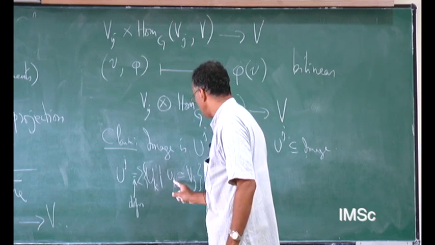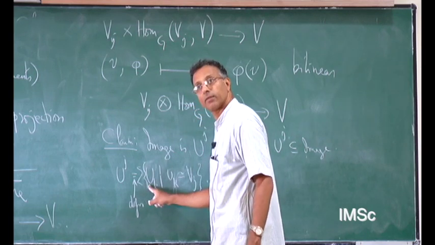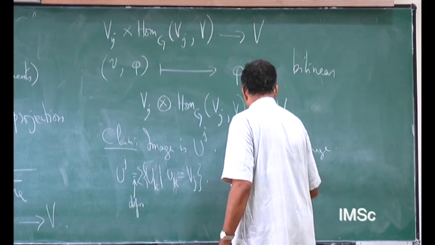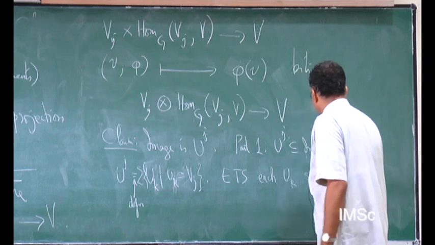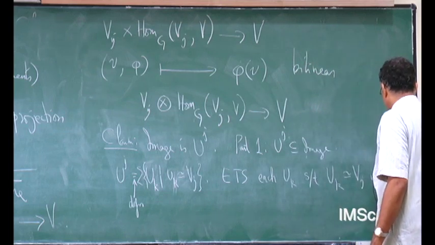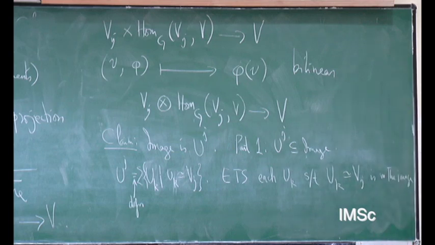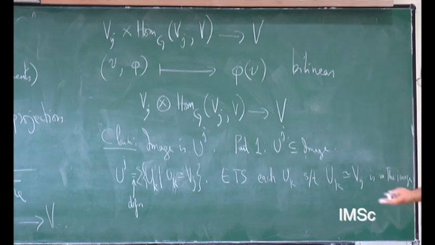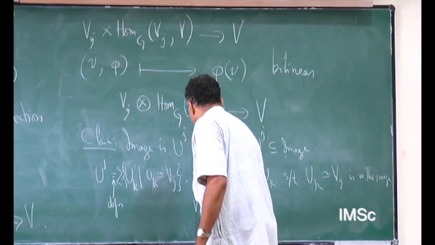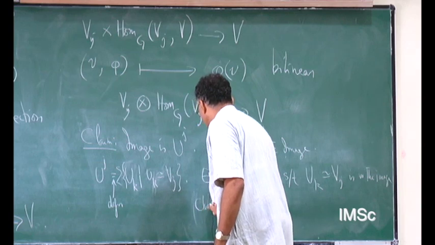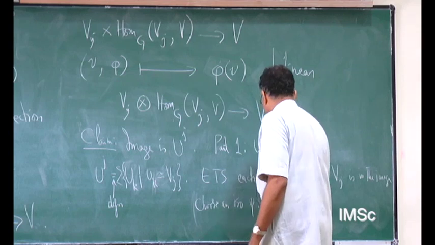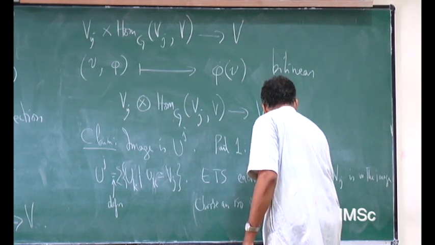Now it is enough to show that each of these U sub k, each U sub k such that U sub k is isomorphic to V sub j, is in the image. But then given such a j, given such a k, you choose an isomorphism, say psi from Vj to Uk.